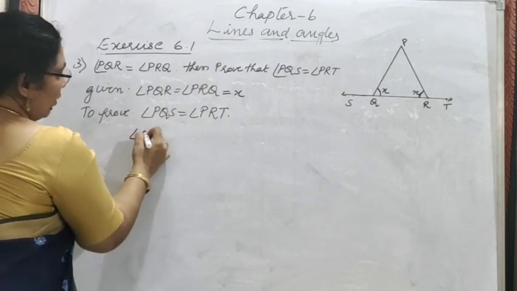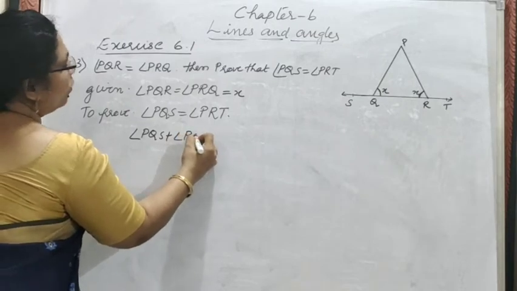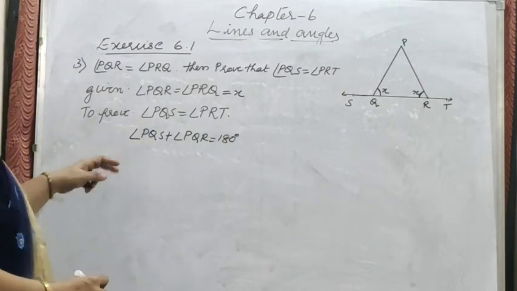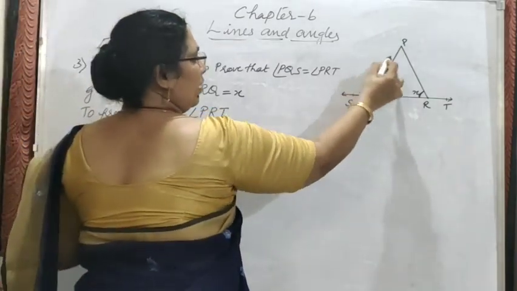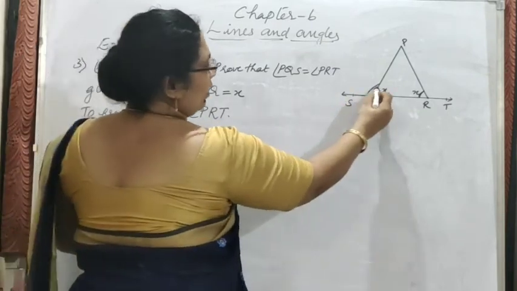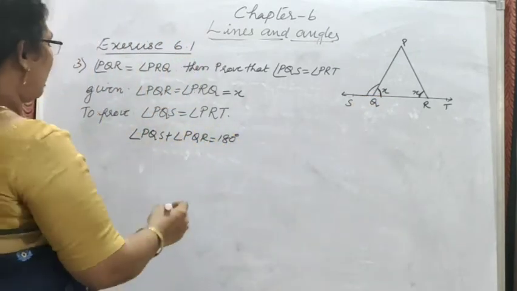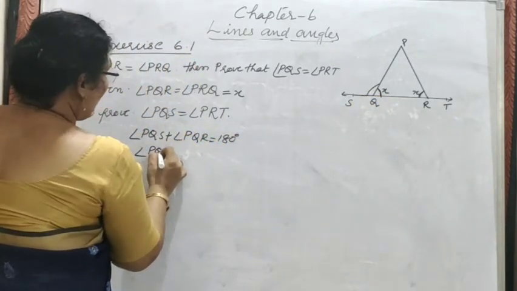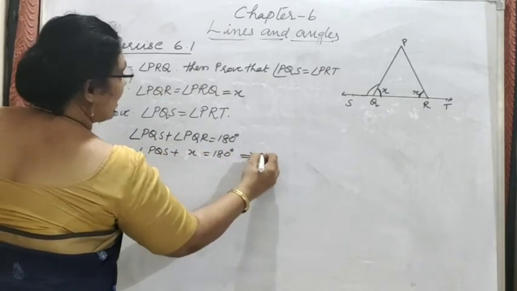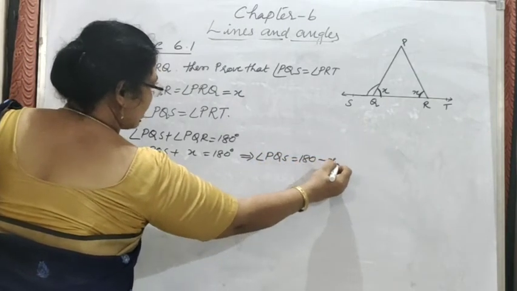Now we know that from the figure itself PQS plus PQR equal to 180 degree, because it's a linear pair. So here we can write angle PQS plus x equal to 180 degree. So implies angle PQS equal to 180 minus x.